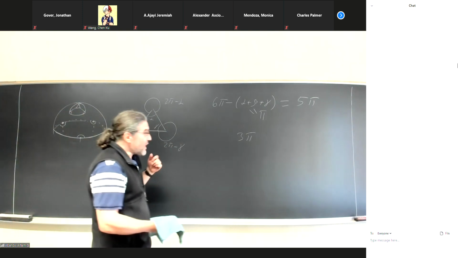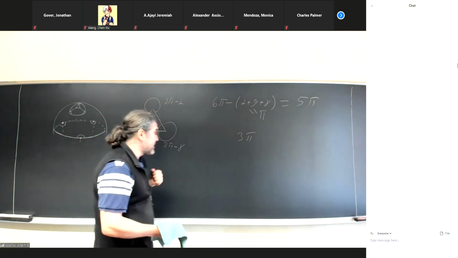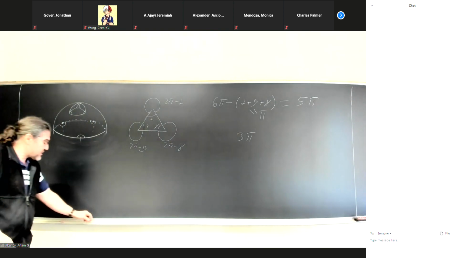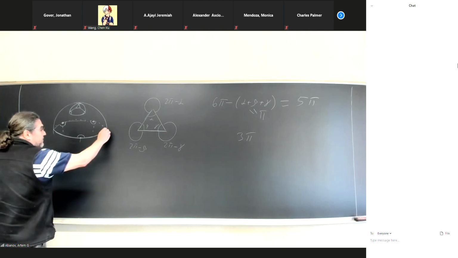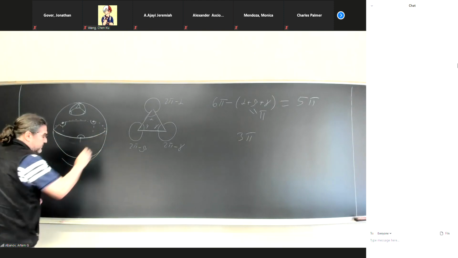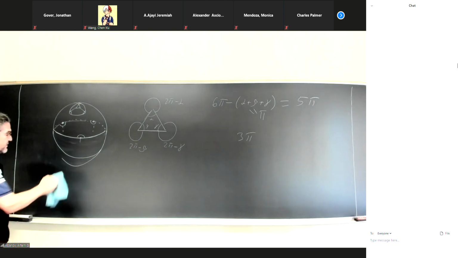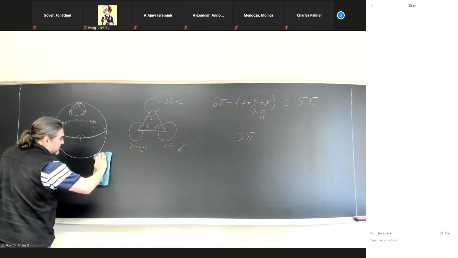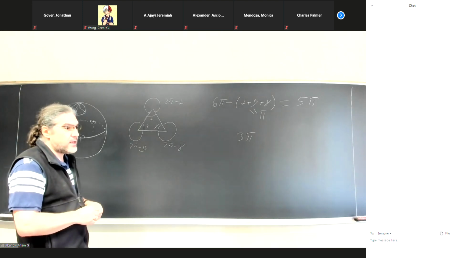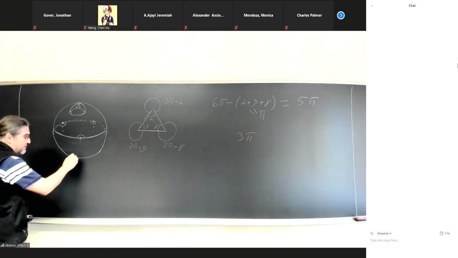Now, I want you to emphasize something in this problem, which is kind of interesting and actually has a lot of consequences in physics. In particular, the fact that the spin in quantum mechanics is quantized can be traced to the same kind of thing. Remember that we have a triangle here, right?